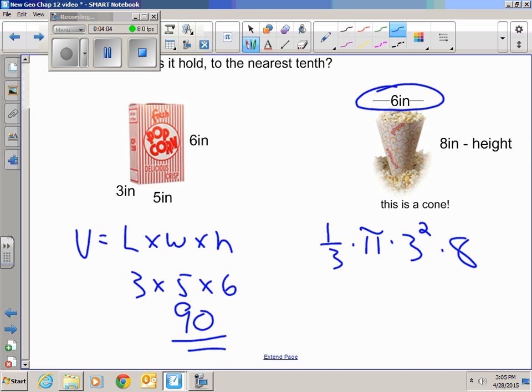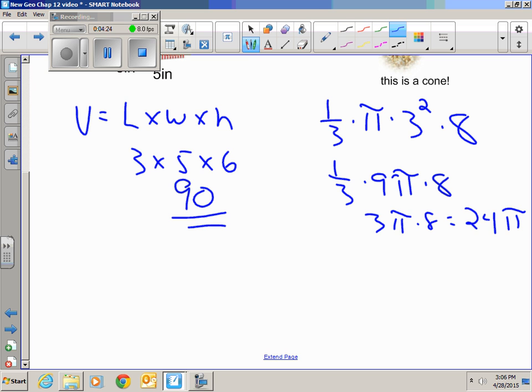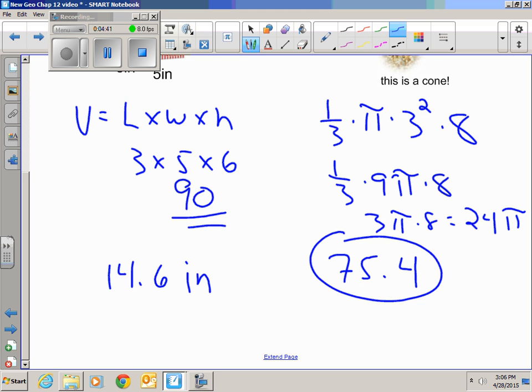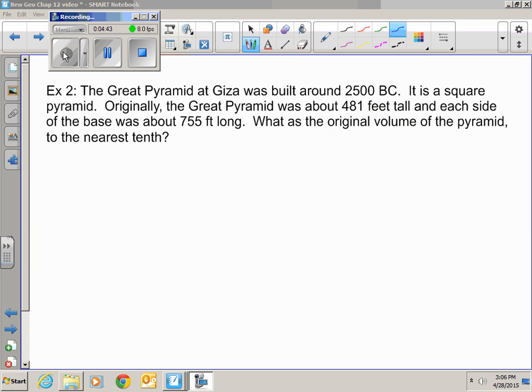This looks like I have 1/3 times 9 pi times 8. 1/3 of 9 is 3, so I have 3 pi times 8, which equals 24 pi, which is 75.4. So this holds 75.4 cubic inches, while the box holds 90, so the box holds 14.6 more cubic inches.